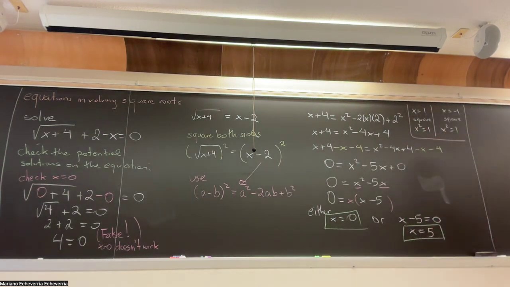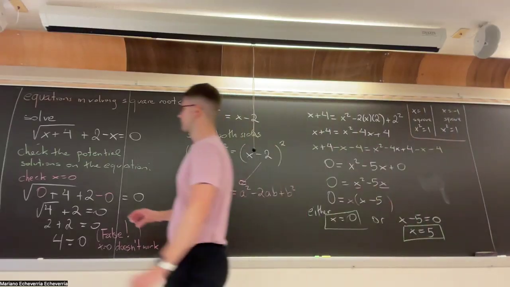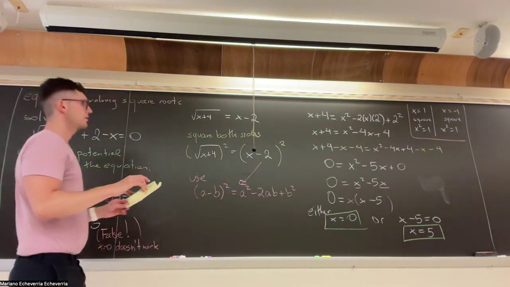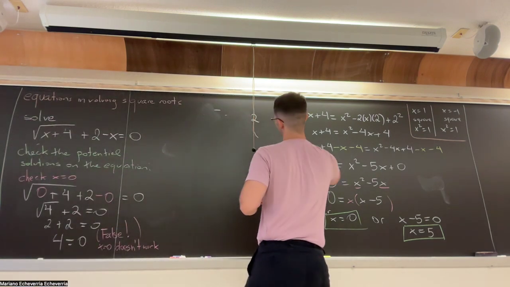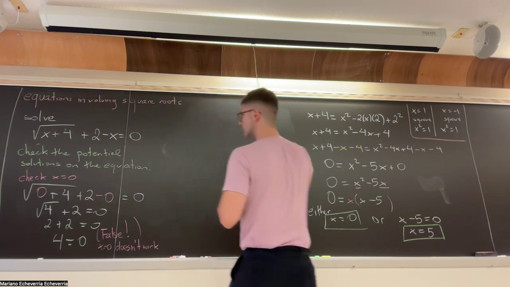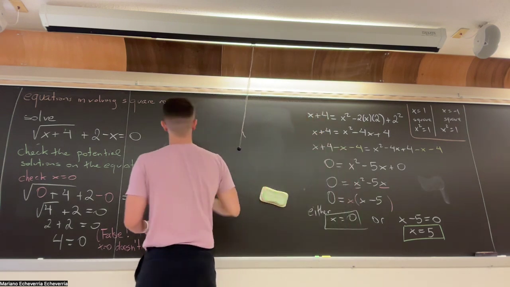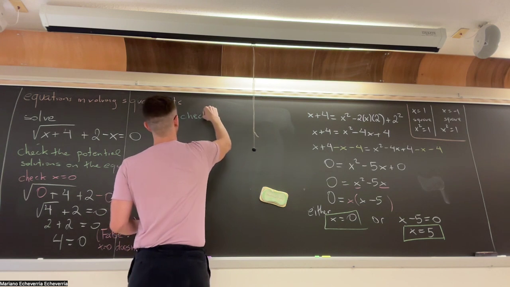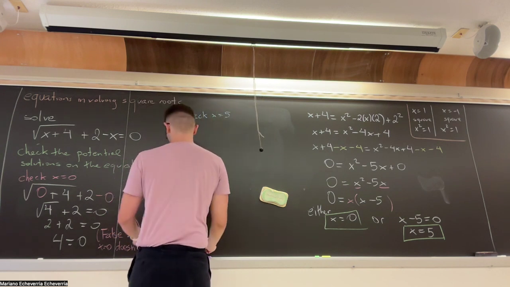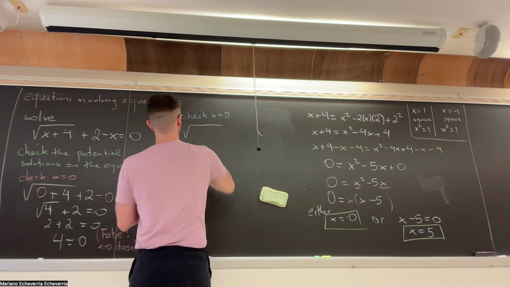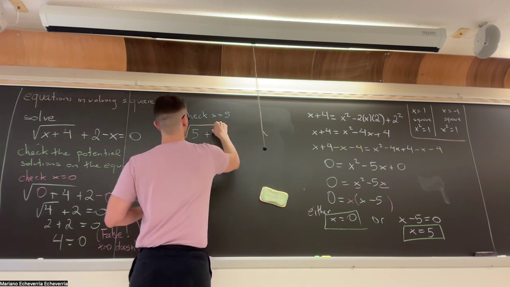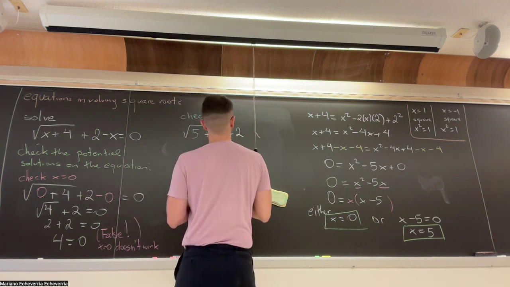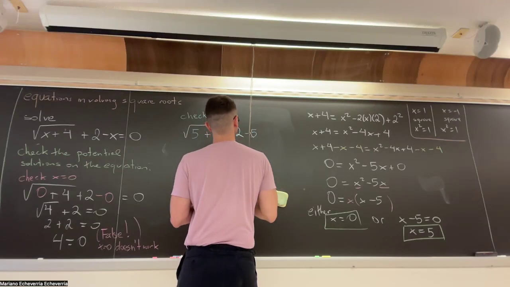Okay, that makes sense so far. And then you do exactly the same for the second option. Now let's check x equals 5. And so you get square root of 5 plus 4, plus 2 minus 5 equals 0.